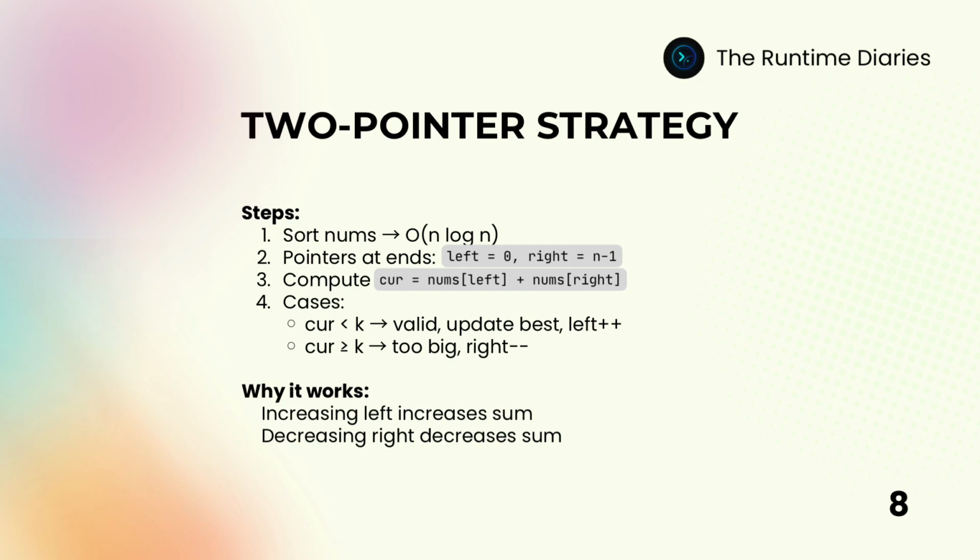Since we want the sum to be larger, we move the left pointer rightward to try a bigger number. If the current sum is greater than or equal to k, it's too big. We move the right pointer leftward to try a smaller number. Every pointer move is intentional, and there are no wasted checks.